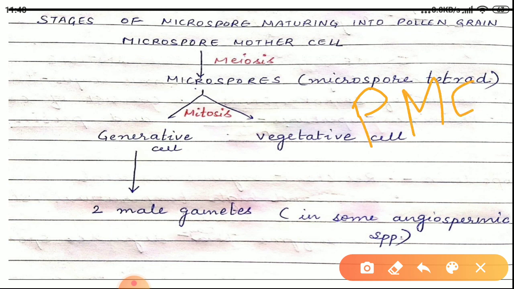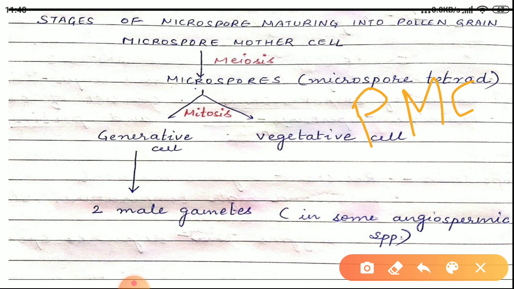Now this pollen mother cell is diploid in nature. It undergoes meiosis and forms microspore tetrad. This microspore tetrad is yet not a mature male gametophyte.